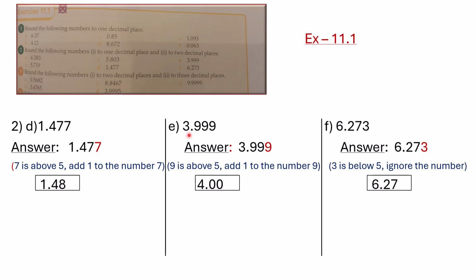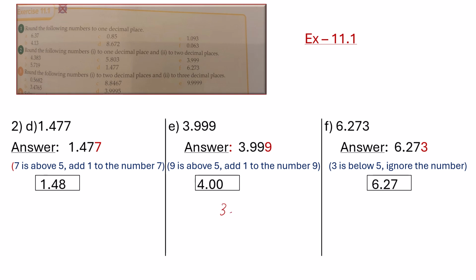E sum, 3.999. Look at the last digit, that is 9. 9 is above 5, so as by the rule, we have to add 1 to the previous number.